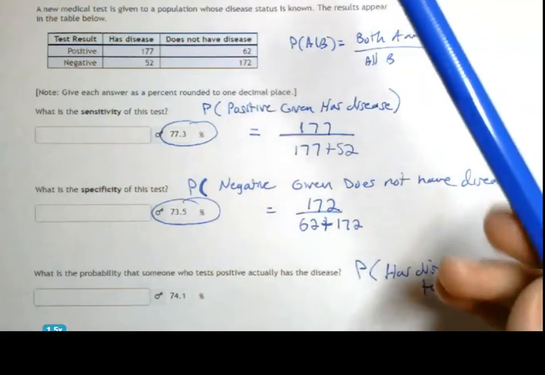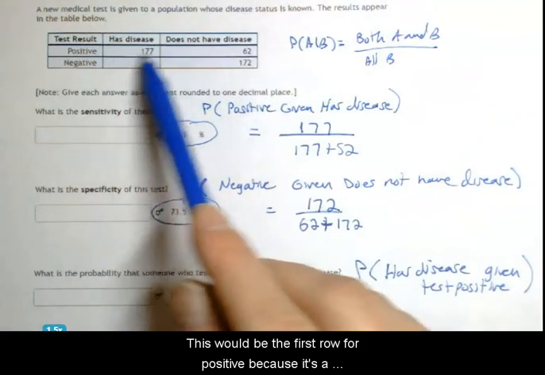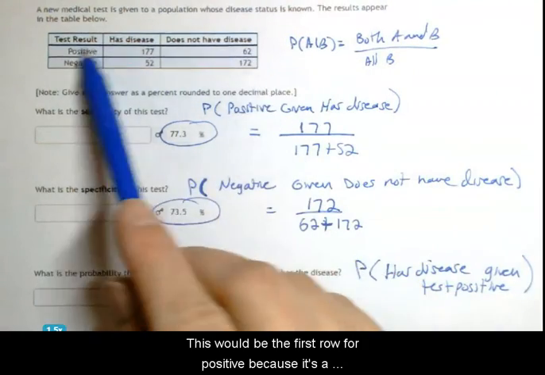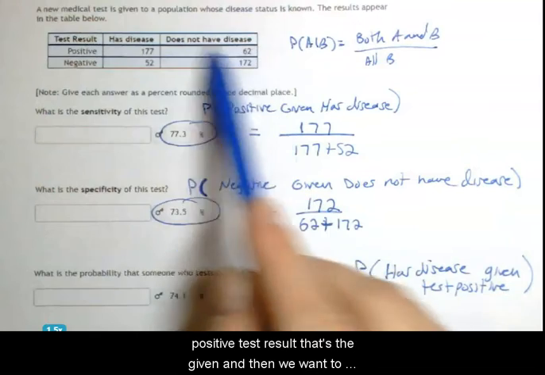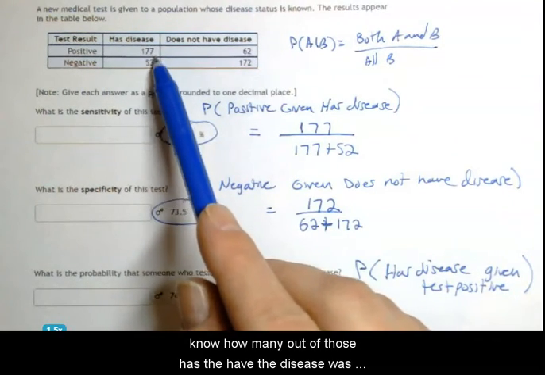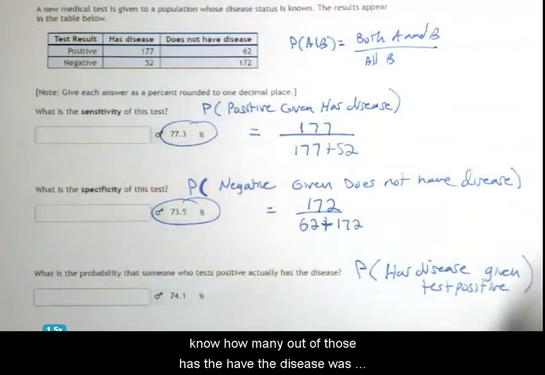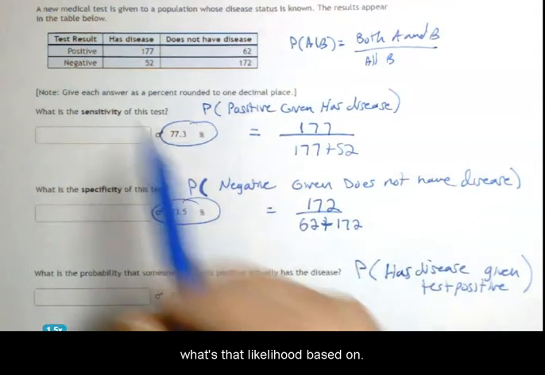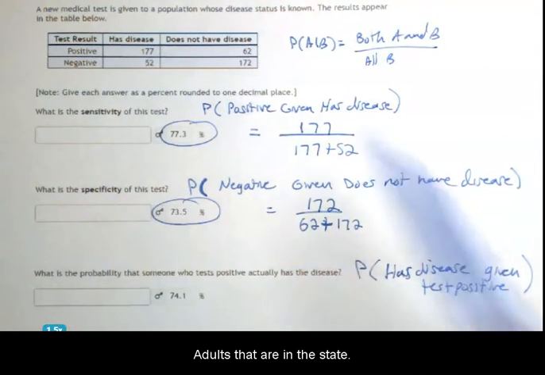So this would be this first row for positive because it's the positive test result that's the given. And then we want to know how many out of those have the disease. What's that likelihood based on the results that are in this table?